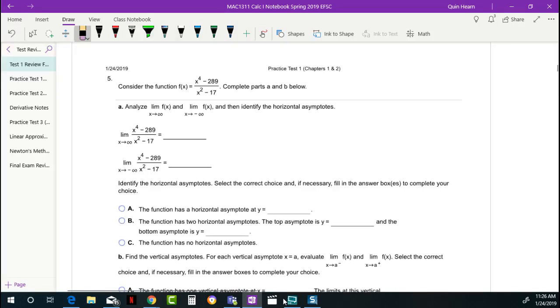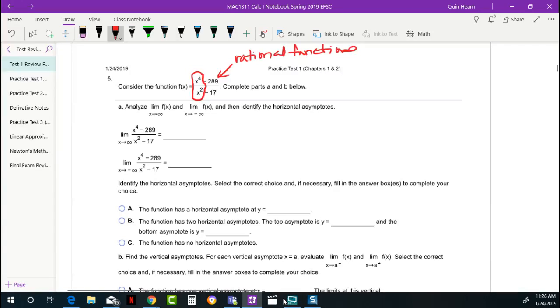Whenever I'm doing limits as x goes to infinity, I think about the highest powers dominating. This only works for polynomial and rational functions. The highest power dominates. So when the x values get large enough, this 289 and this 17 become insignificant to the calculation.